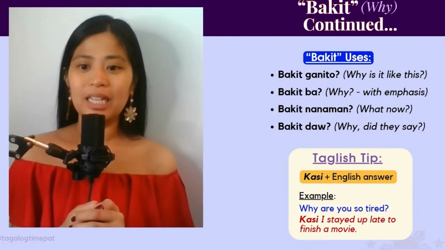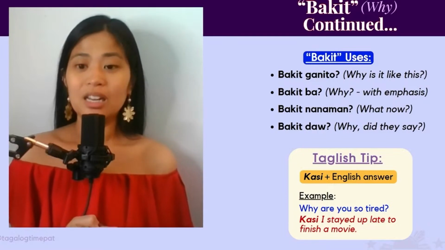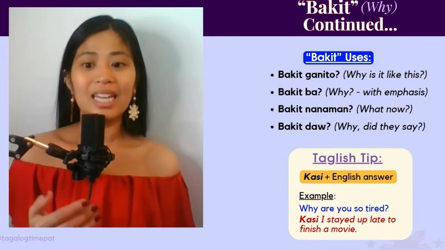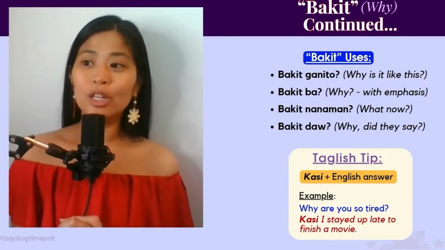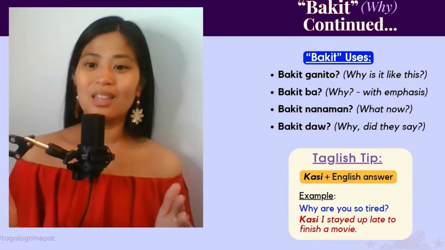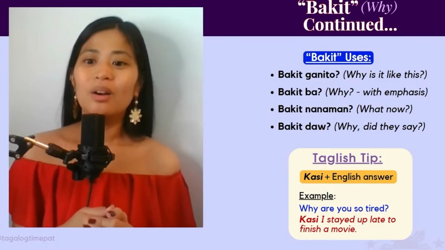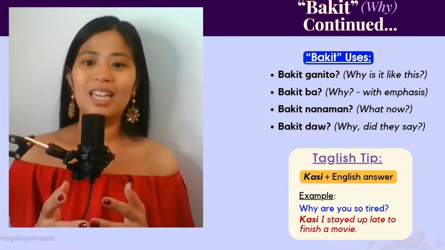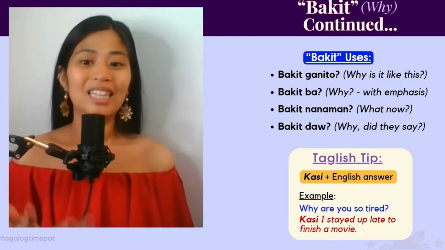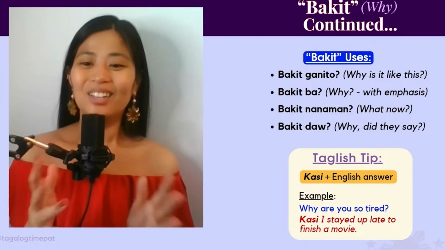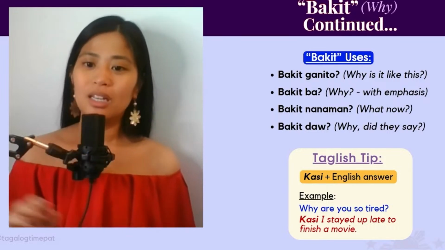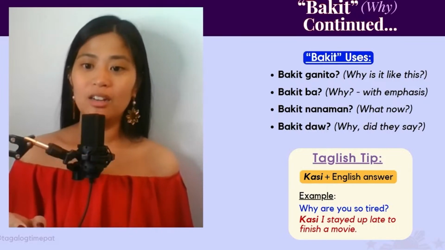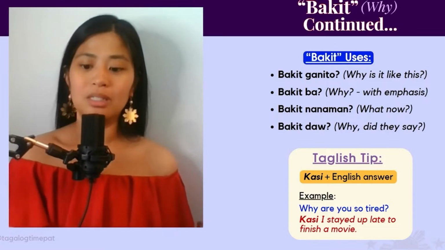Kasi I stayed up late to finish a movie. So instead of saying because, say kasi. And then the more vocabulary you learn, you'll eventually be able to say the whole phrase in Tagalog. Why are you tired? Kasi natulog ako ng late dahil nanonood ako ng movie. Okay, so just insert Tagalog words here and there, and before you know it, you'll be able to say longer phrases in Tagalog.